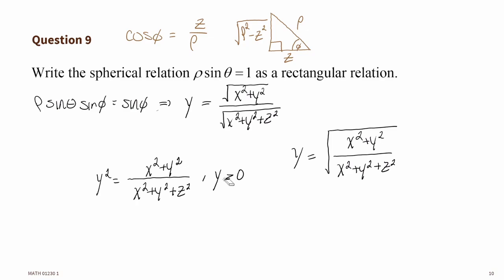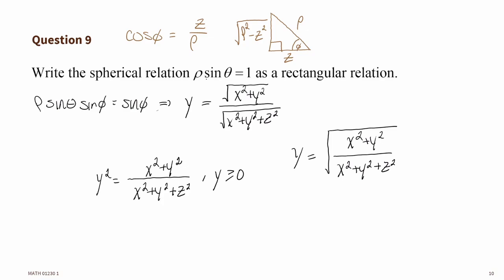You know, I'm going to be safe and just say greater than or equal to. I'm not sure if the origin's actually included in that. I don't think it can be, but I'll just be safe. No, it can't be. Otherwise, rho would have to be 0. If the origin's included, rho is 0, and then you can't get 1. So rho can't be 0, meaning the origin can't be included.